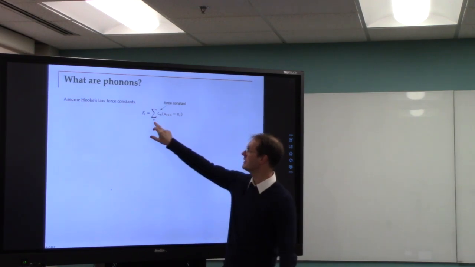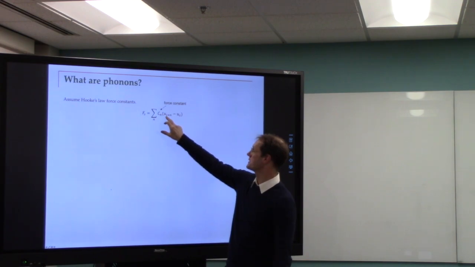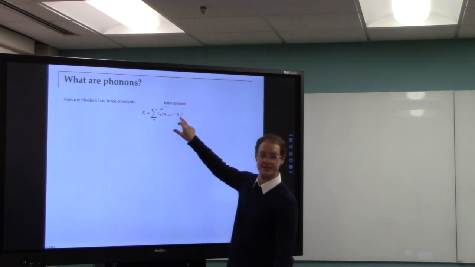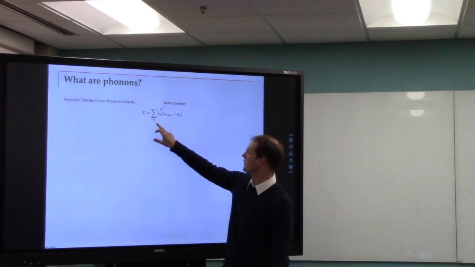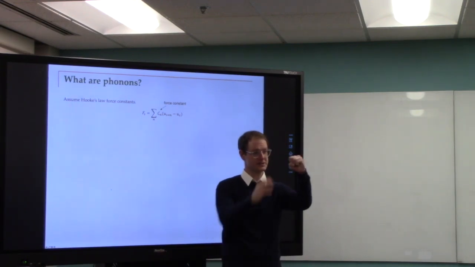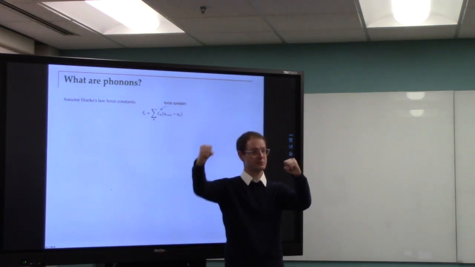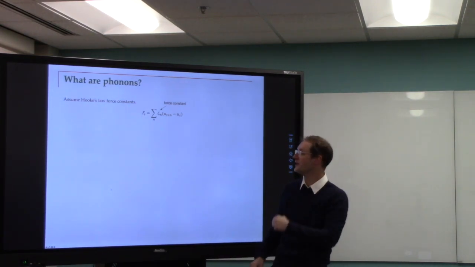It's a sum of a force constant times a difference in the displacement between atom s and atom s plus n. For now this is summed over all of the atoms, so the atom s has an interaction with atom s plus 1, s plus 2, s plus 3, and also s minus 1, s minus 2, etc.